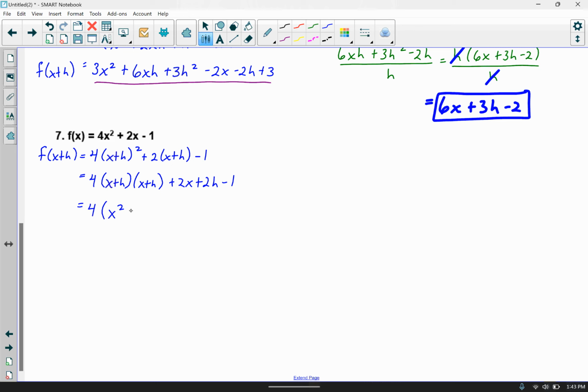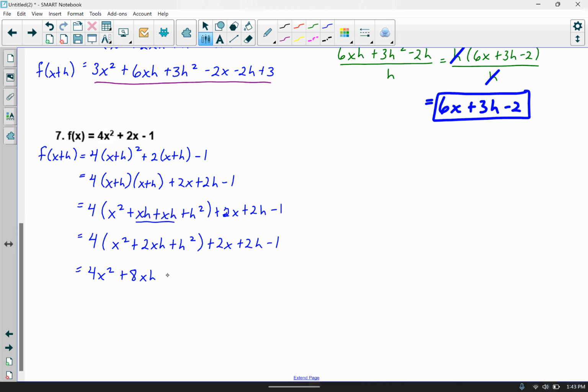FOIL. Combine like terms. Distribute. Okay, that is f of x plus h.